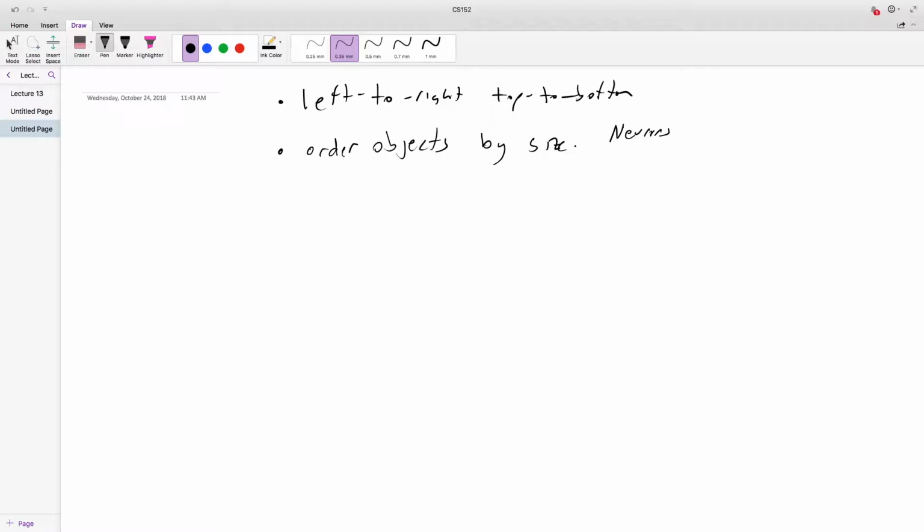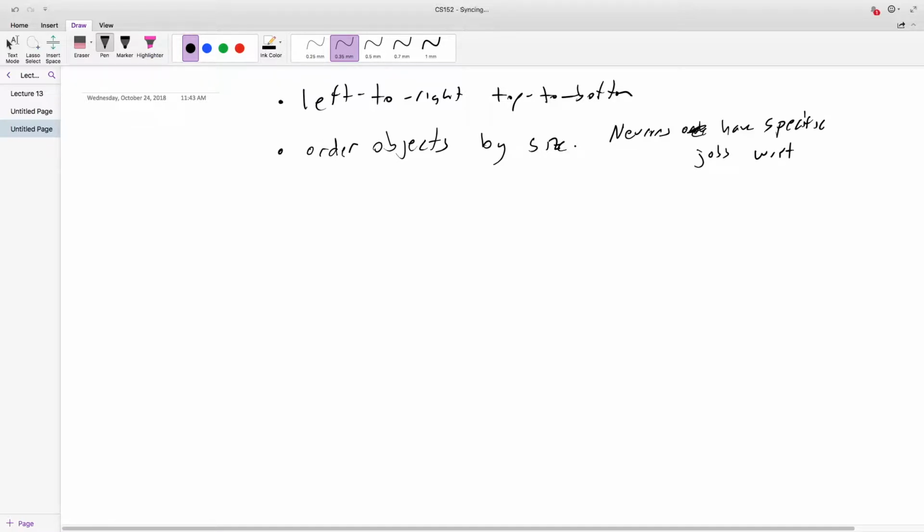Is that right? Yeah, and then each neuron has to map onto exactly one of the objects. Okay, so neurons have specific jobs with respect to size: largest, second, etc. Is that correct?